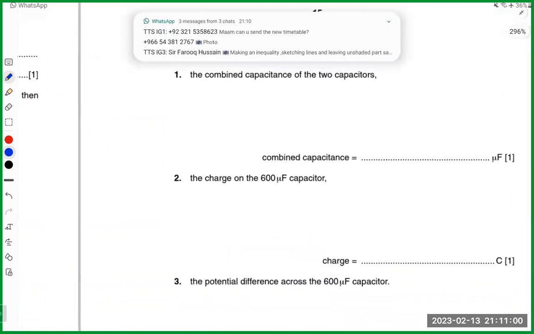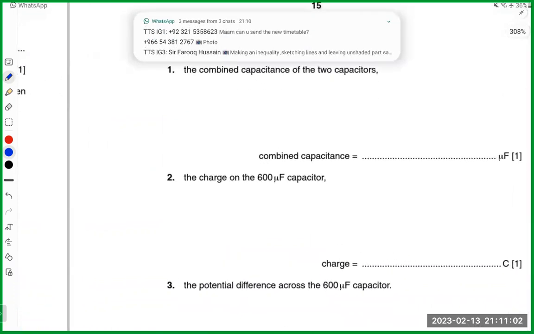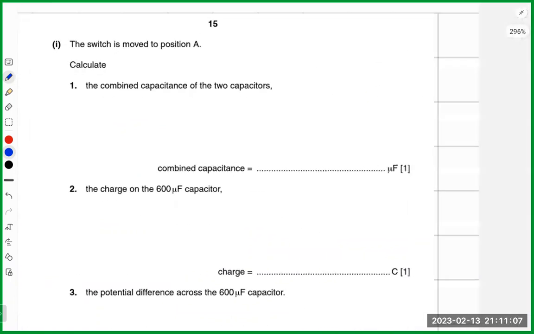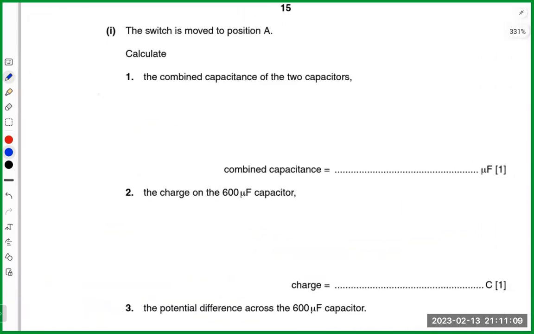Now, there are two capacitors which are connected in series. So, method one is 1 over C equals 1 over 200 plus 1 over 600.